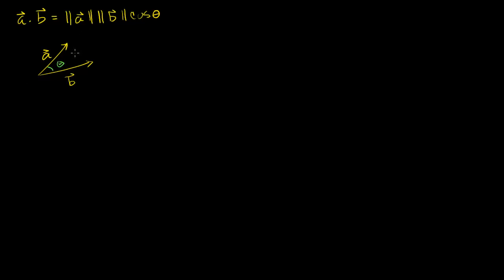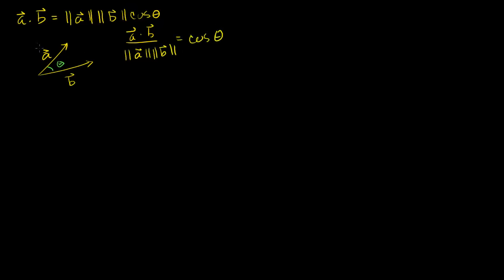And actually, if you ever have two vectors and you want to solve for that angle, and I've never done this before explicitly, so I thought I might as well do it right now, you could just solve for your theta. So it would be a dot b divided by the lengths of your two vectors multiplied by each other is equal to the cosine of theta.